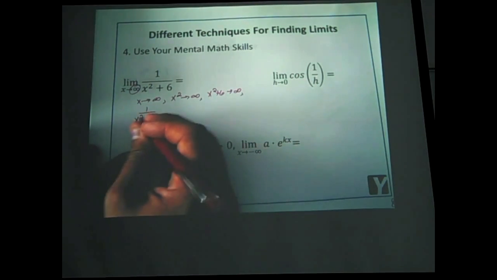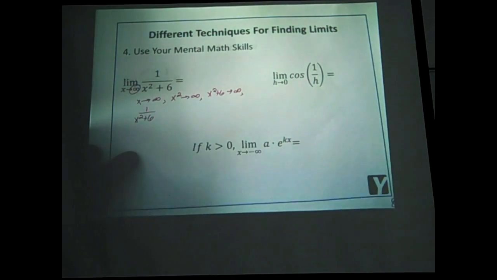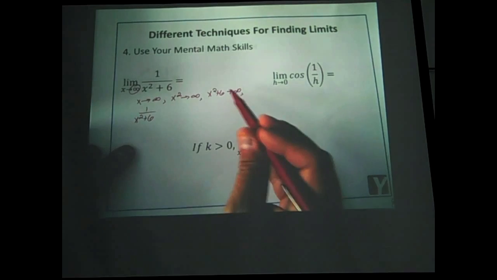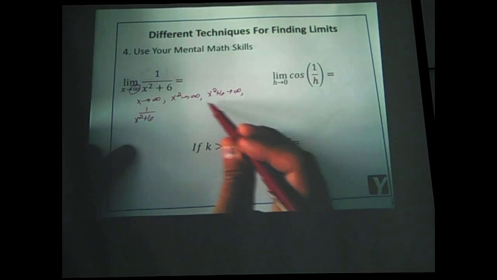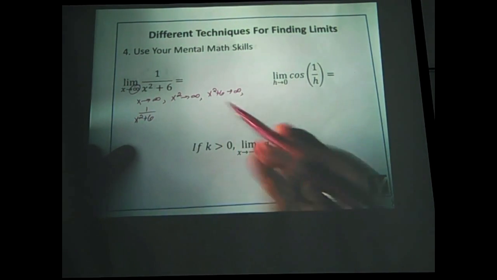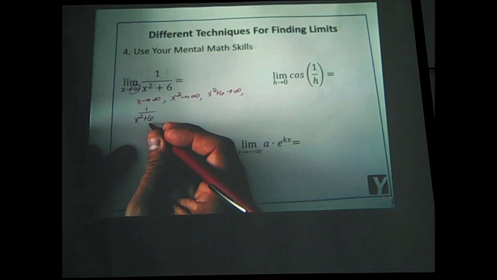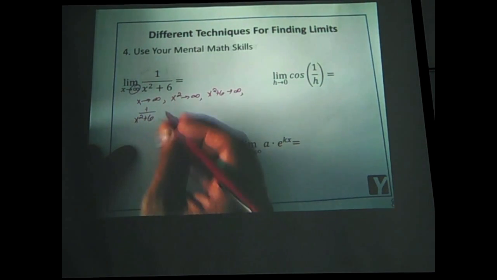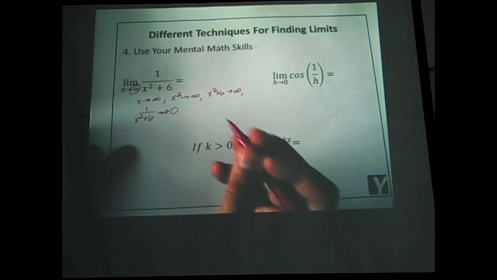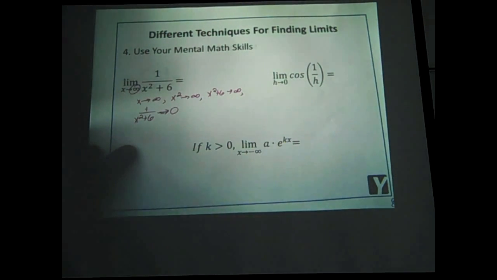So what happens to the expression 1 over x squared plus 6 as the denominator gets bigger? As that denominator approaches infinity, 1 divided by an increasing number is 0. We're approaching 0.